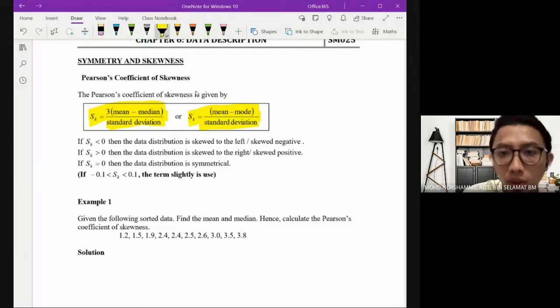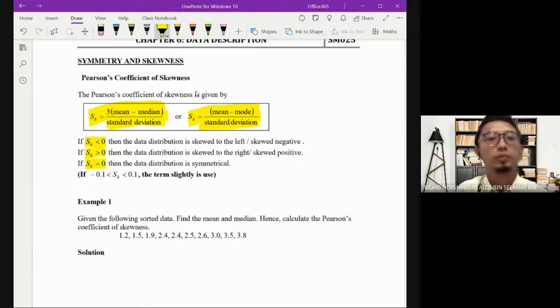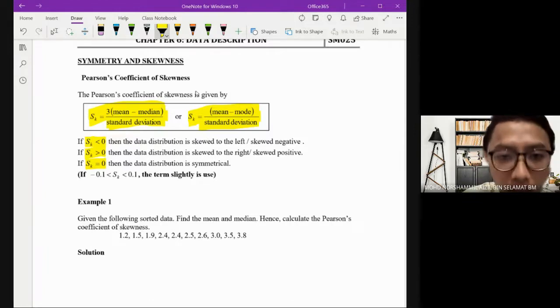Alright, so the idea is we want to calculate the value of Pearson's coefficient of skewness, and then we want to take a look if the value is less than 0 or greater than 0 or exactly 0. If less than 0 means that skewed to the left or negatively skewed.